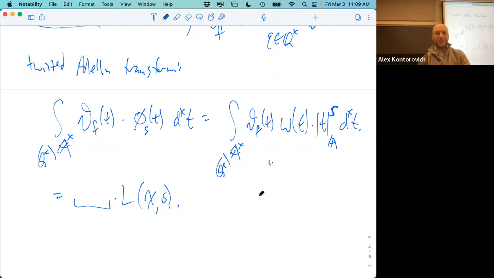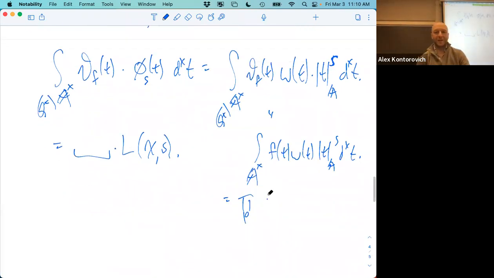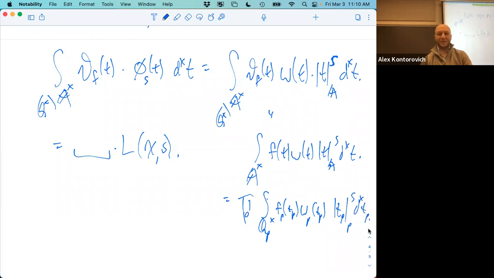So first we unfolded this into the Adeles. By the way, everything here is trivial on Q. We unfolded and we got f of t, omega of t, Adelic norm, d star t. This factors into a product over primes. This factorizes into local integrals, integral over Qp cross f p of tp, the local character times tp to the s, d star tp.